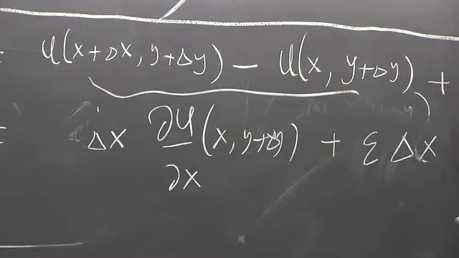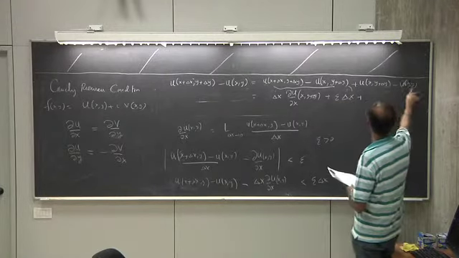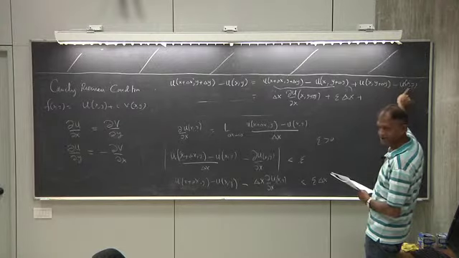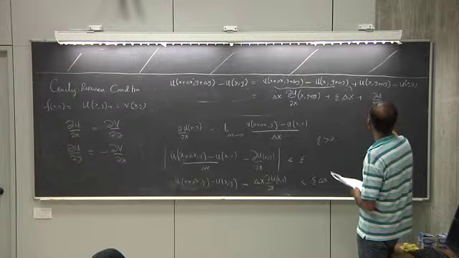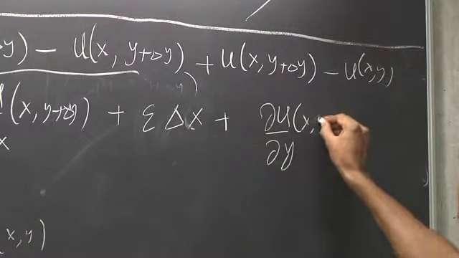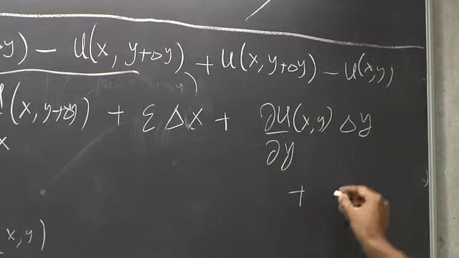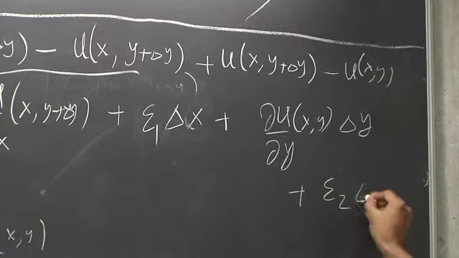And for this one, again, you use this. Look at this expression. Here I keep x fixed, but I'm changing the y. So this will be the partial derivative with respect to y at x, y times delta y, again with another correction. Let me call it epsilon 1 and epsilon 2, times delta y.